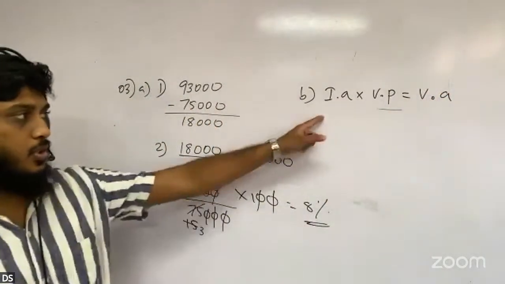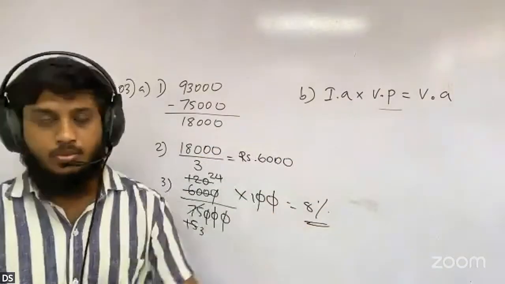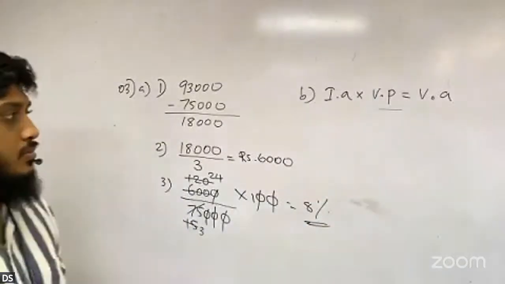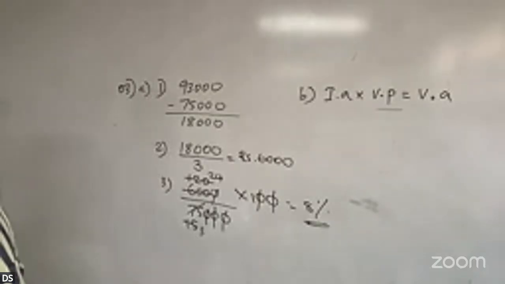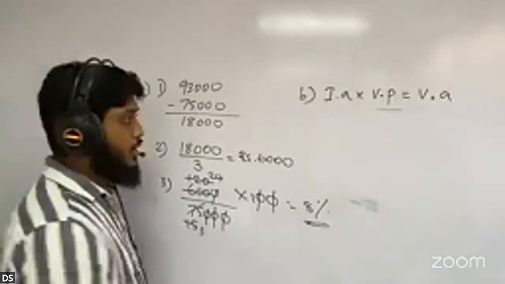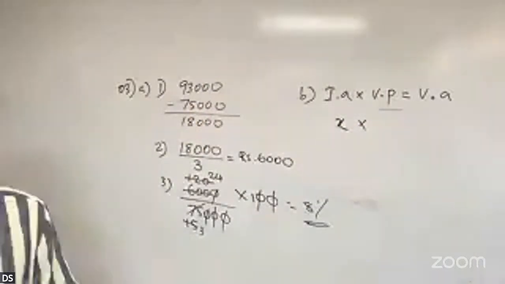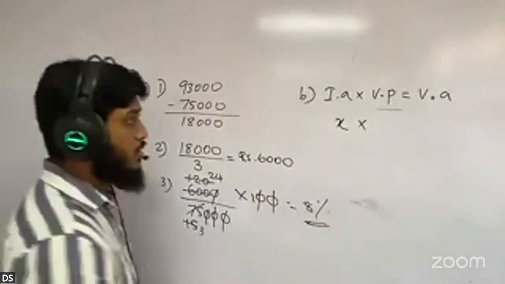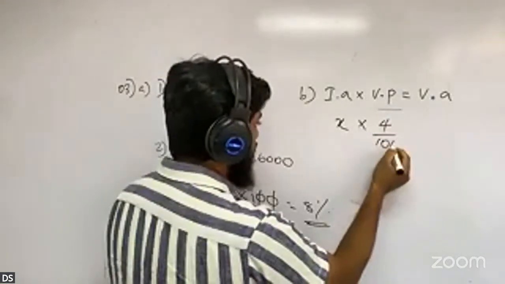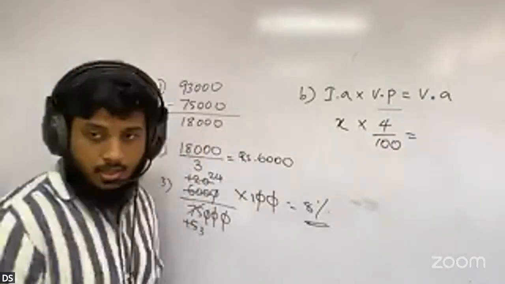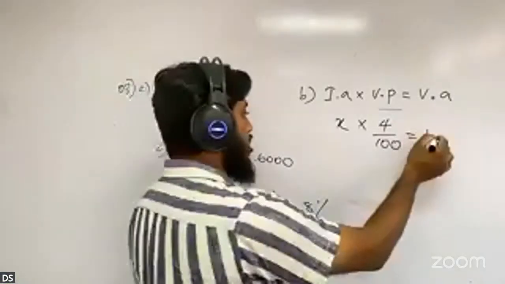We don't know the initial amount, so that is X. For this X they charge 4%, and that should be equal to 104.